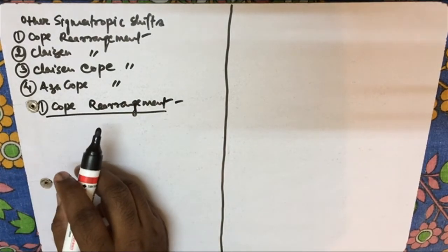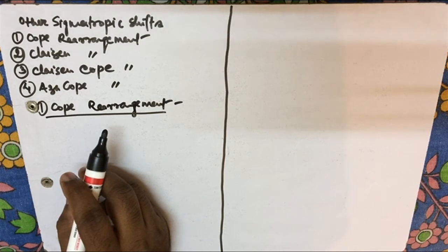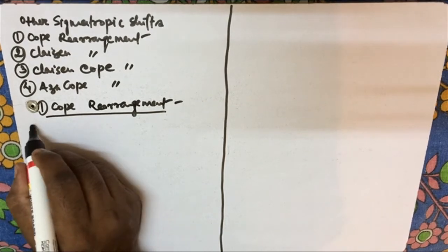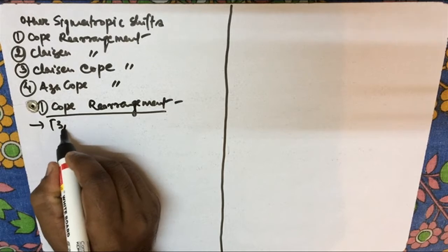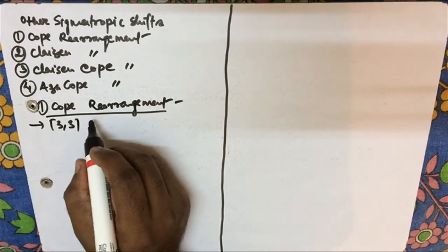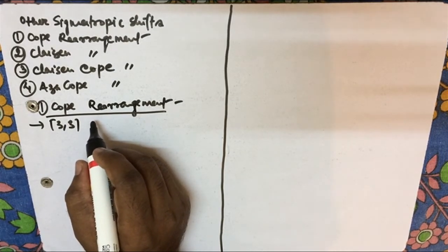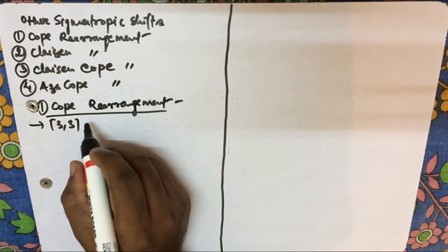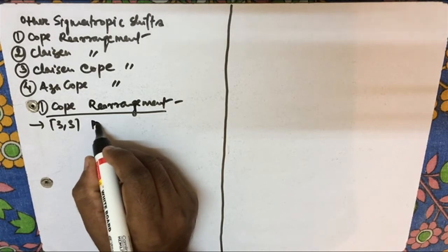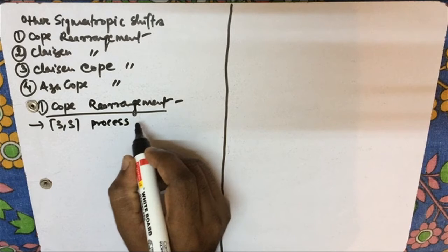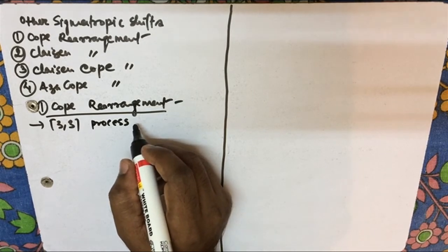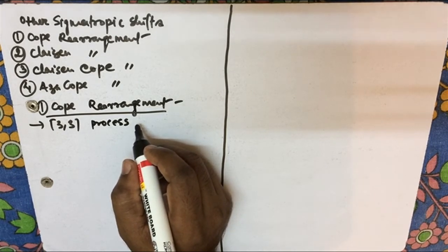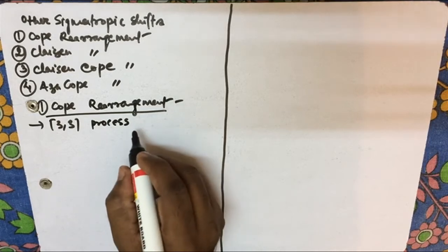It is basically a [3,3] sigmatropic process, and it undergoes thermal rearrangement.